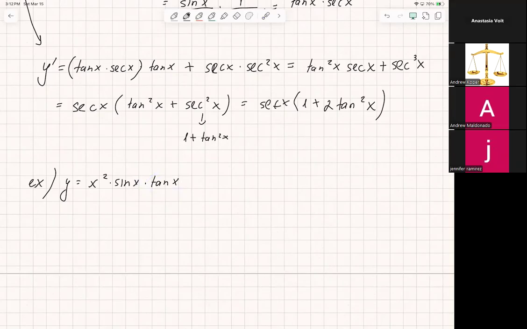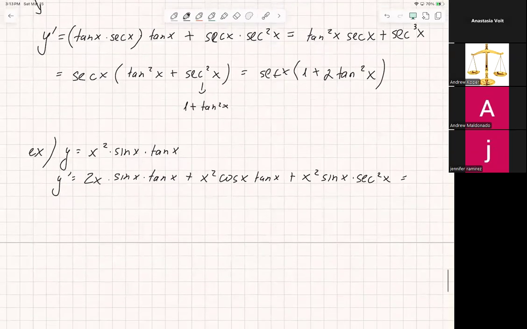So we have first 2x times sine x times tangent x plus, so that's y prime, x squared, now the derivative of sine is cosine x, tangent x plus, now the derivative of tangent. So we have x squared sine x times tangent becomes secant squared x.